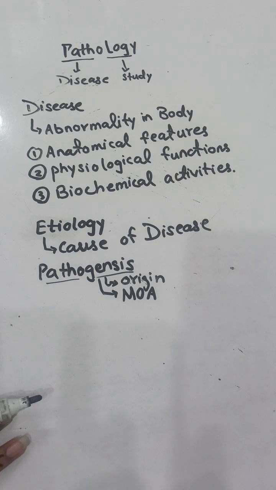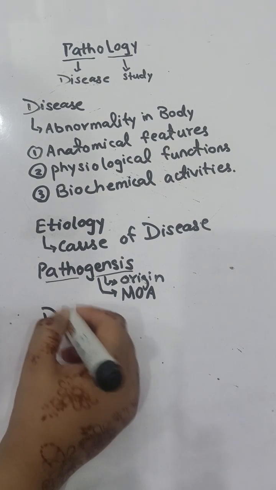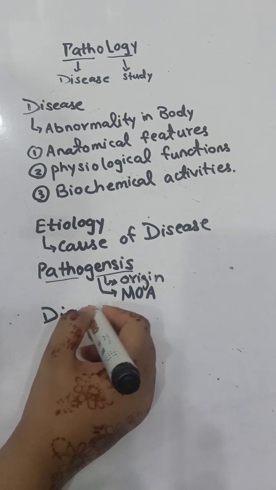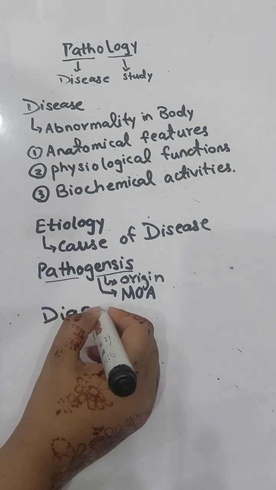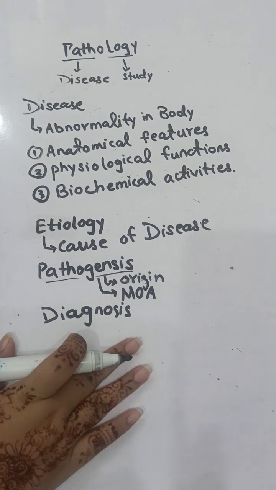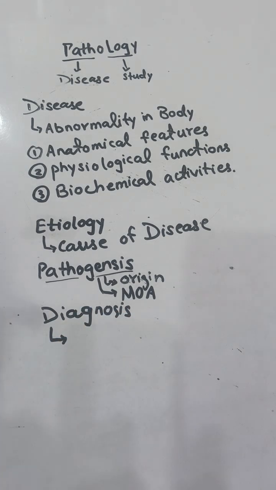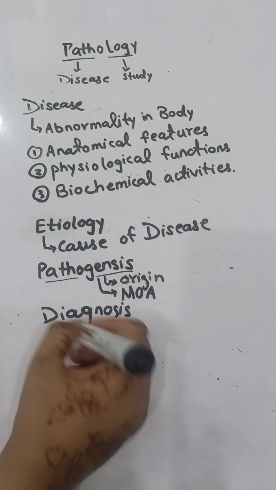The next term that we are going to study is diagnosis. You all know what is meant by diagnosis, right? Everyone knows that diagnosis means to investigate a disease, to identify a disease.